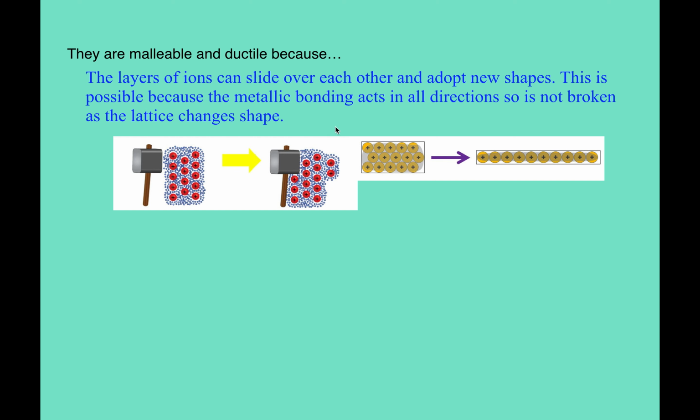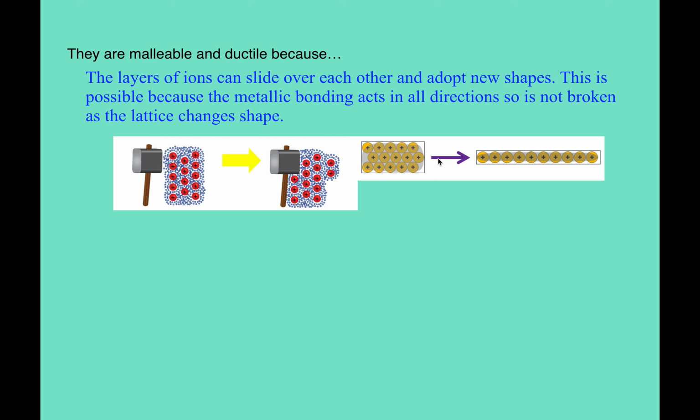Okay, so this is really to do with the idea that the metallic bonding acts in all directions. So if you move the ions, the bonding adjusts, but it holds the material together. If you pull them hard, these ions will form a line.